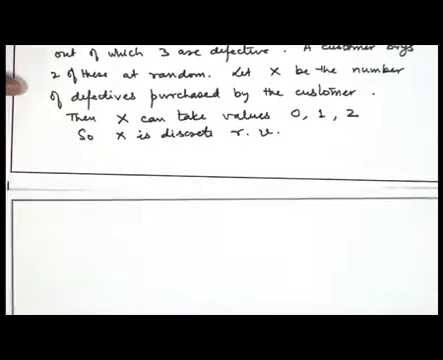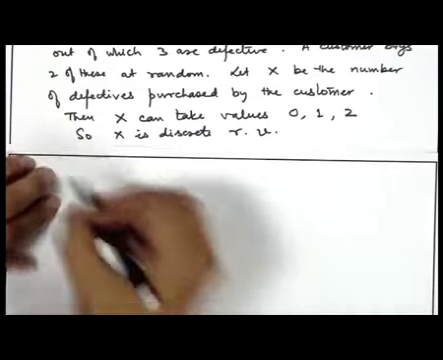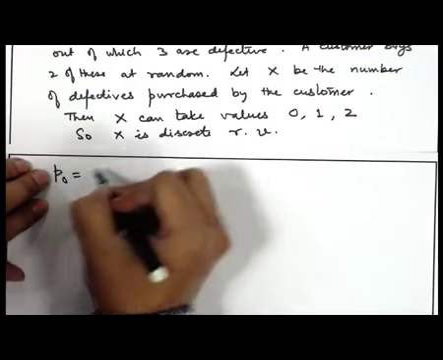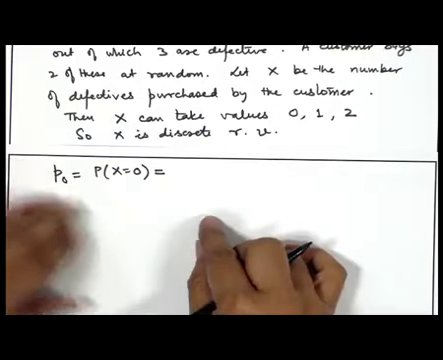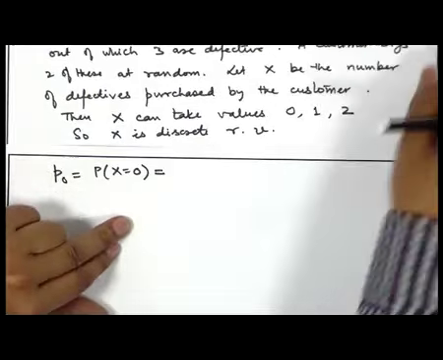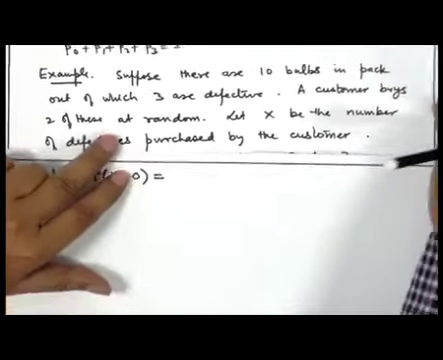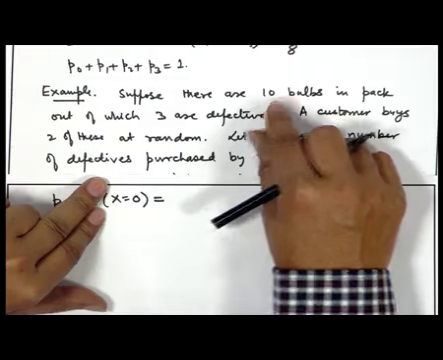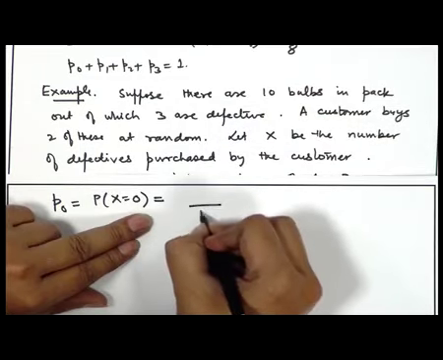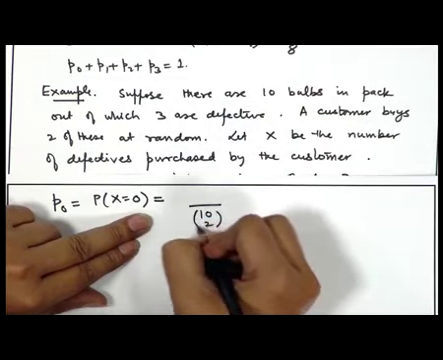So, in order to calculate this, let us look at the calculation of various possibilities. If we are considering choosing 2 bulbs from a pack of 10 bulbs, then the total number of possibilities is 10C2.